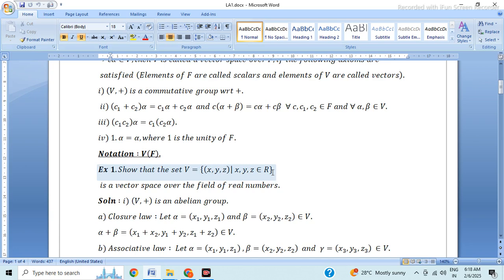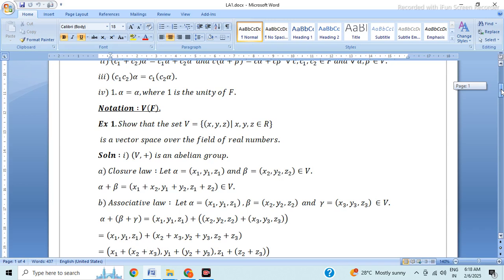Show that the set V, the set of all (x, y, z), where x, y, z belong to R, is a vector space over the field of real numbers. What does (x, y, z) represent? The set of all (x, y, z) is a space. If only (x, y) is there, it is a plane.